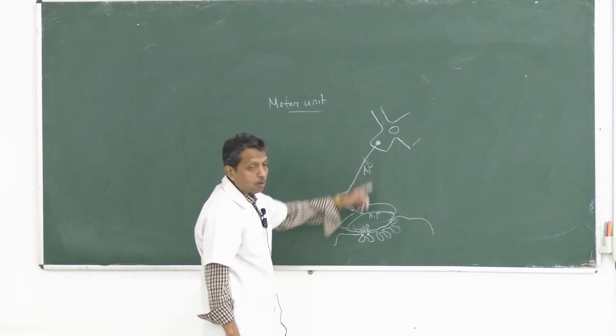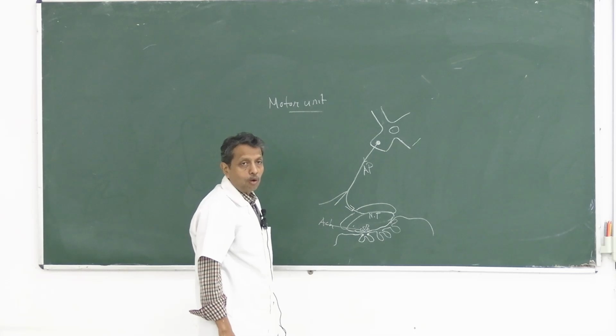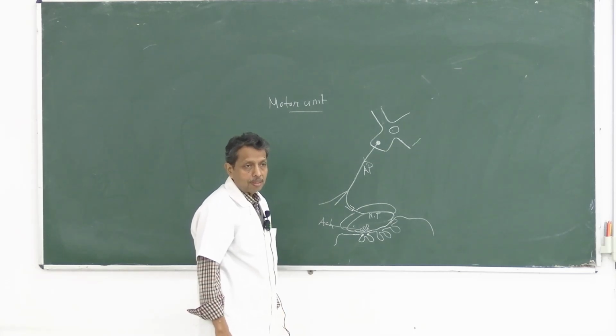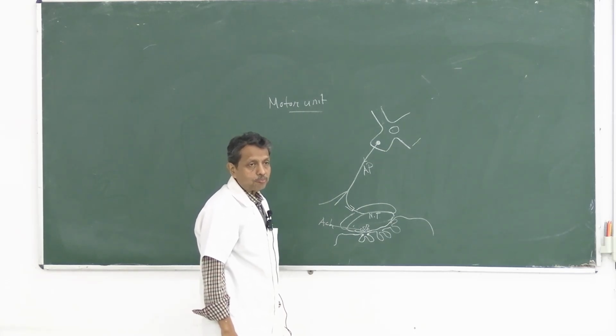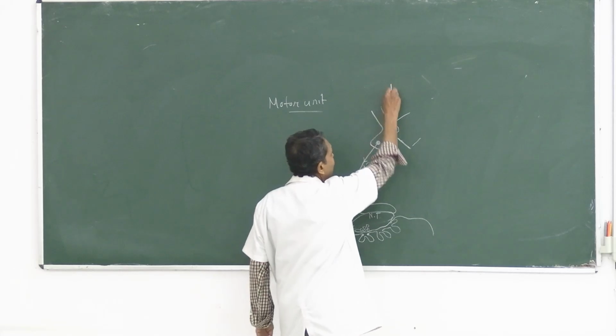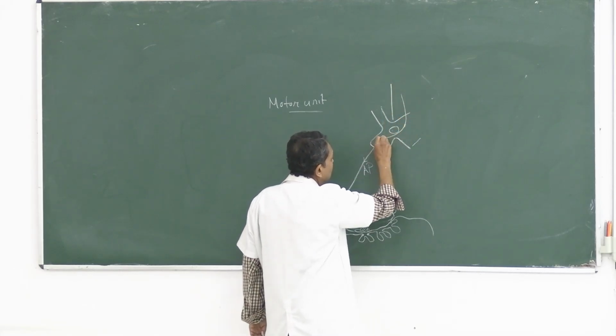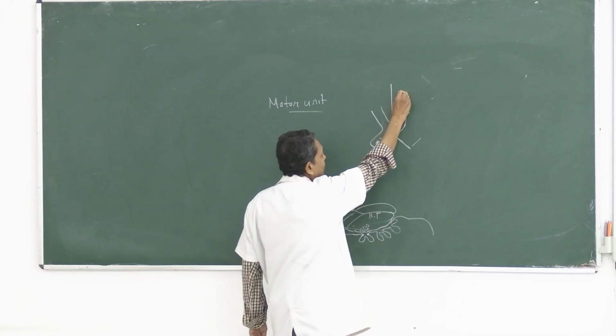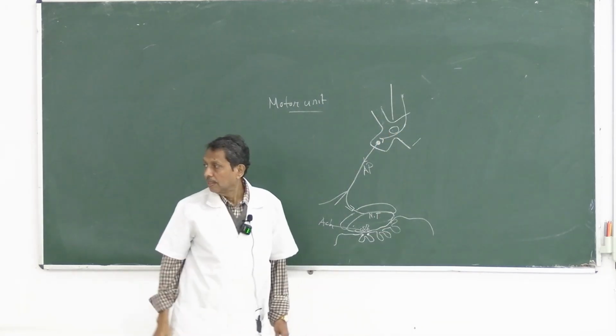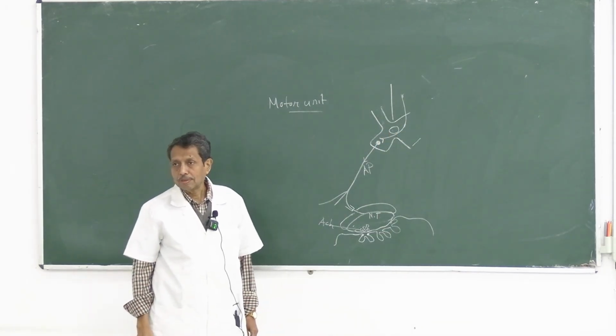It is the final common pathway, or lower motor neuron. If you draw the midline, the upper motor neuron normally comes from the opposite side. Upper motor neuron.